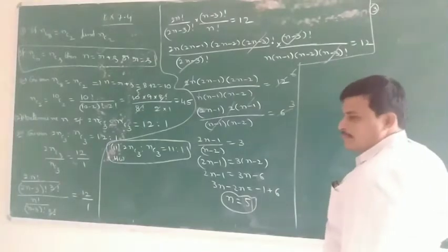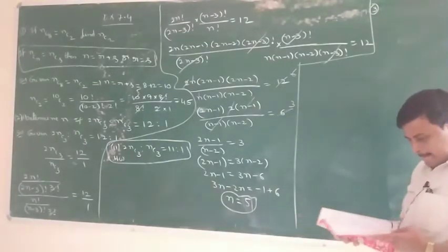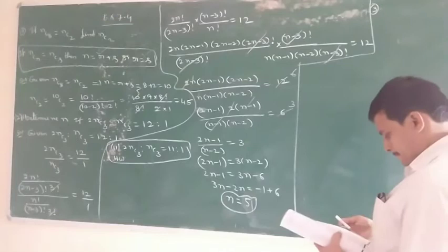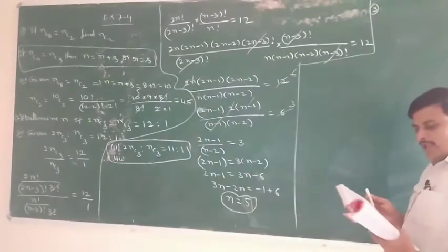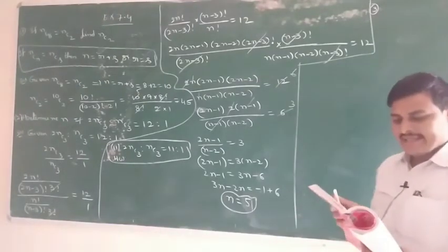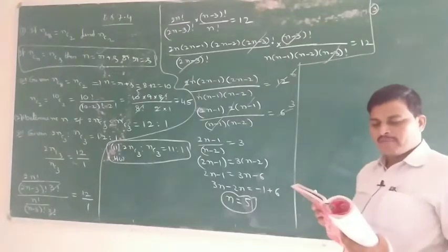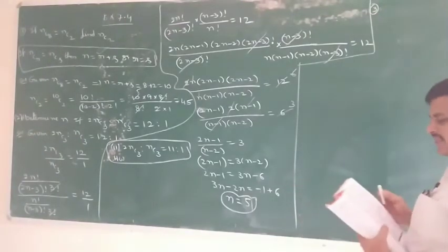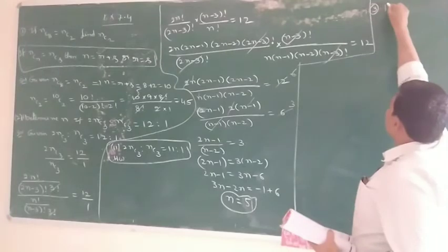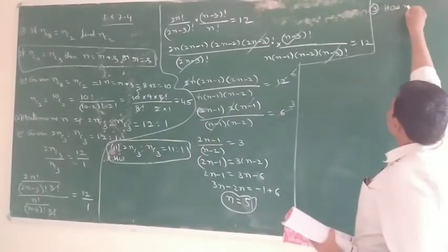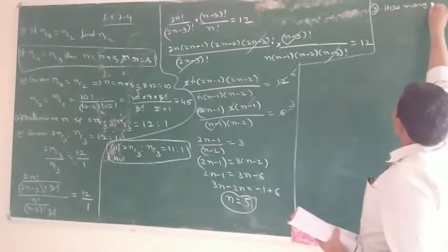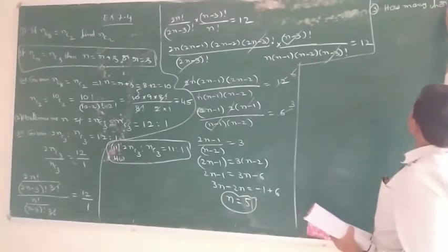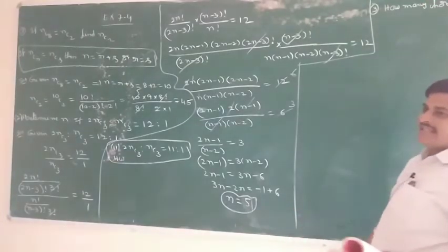Third problem. How many chords can be drawn through 21 points on the circle? How many chords? Chords means chapa.